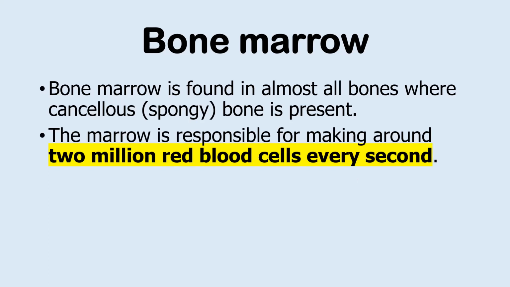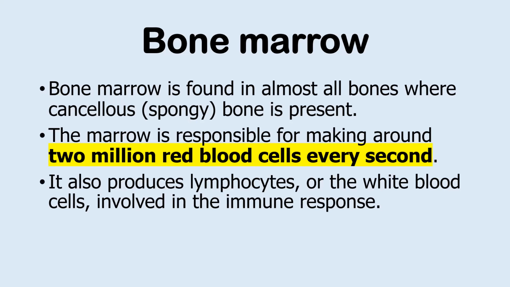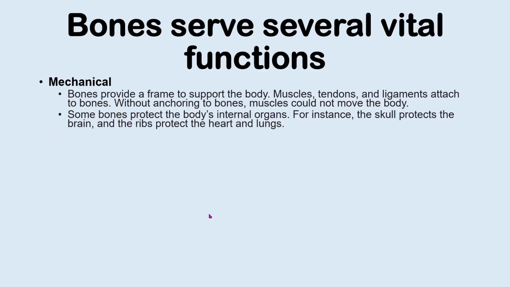A decent factory. They also produce lymphocytes. They're the white blood cells. There's a whole stack of them there. Different lymphocytes, depending on what we're looking at. I go into lymphocytes in detail on another talk, and that's part of our immune system.